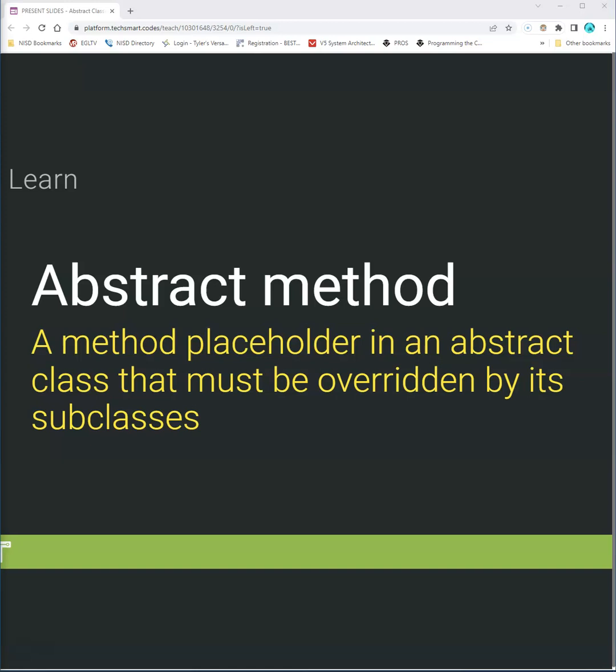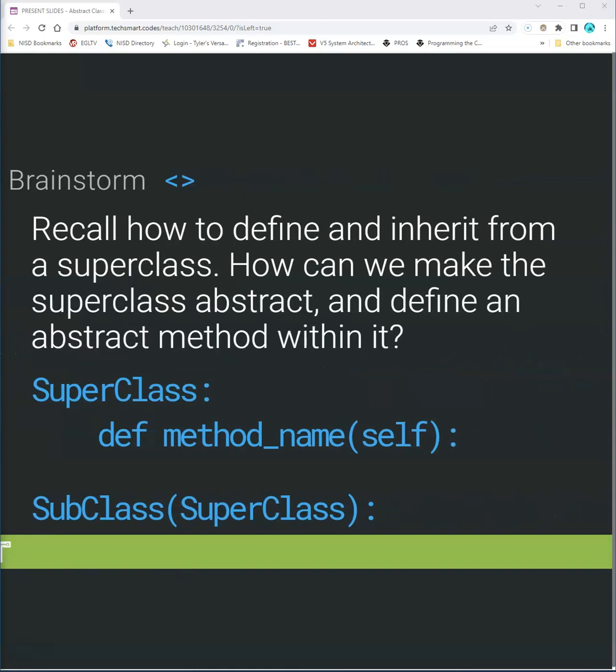Because it's inheriting from this abstract class, it must also have the ability to eat. If you recall how we define and inherit from a superclass, we define the superclass, and then in the subclass, we just put the name of the superclass inside our parentheses when that subclass is defined.